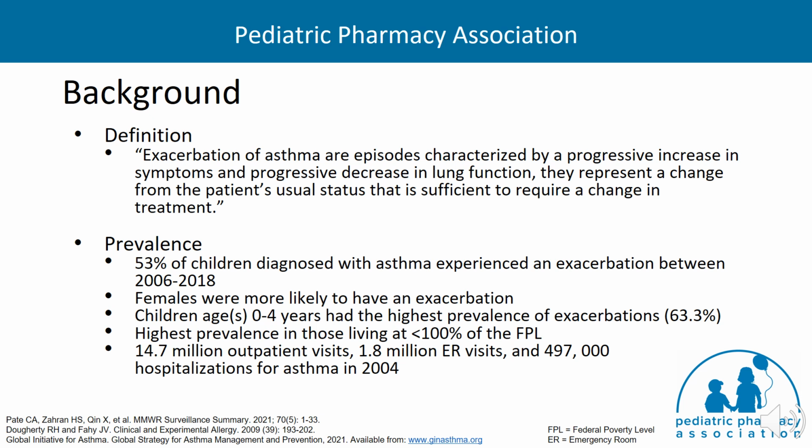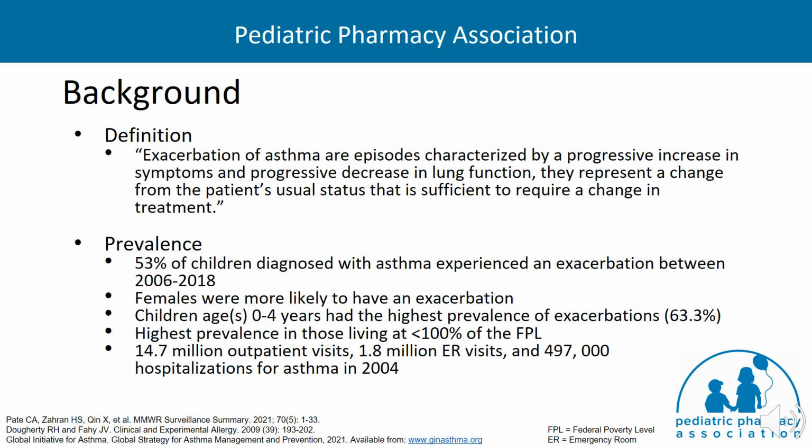53% of children diagnosed with asthma experienced an exacerbation between 2006 and 2018. It's found that females were more likely to have an acute asthma exacerbation. Children ages 0 to 4 years of age had the highest prevalence of exacerbations.